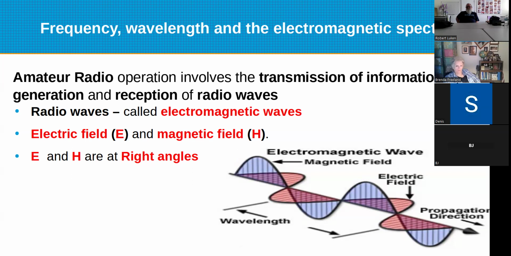So we call that horizontal polarization because it's horizontal with respect to the Earth. That's the definition of polarization. If we were to rotate that 90 degrees vertical, then it would be vertically polarized.